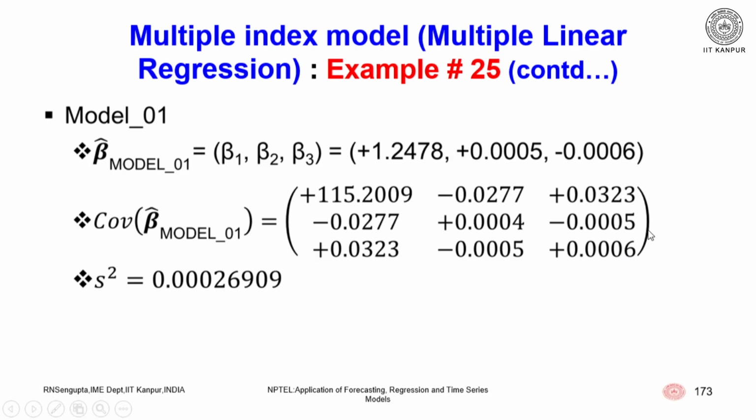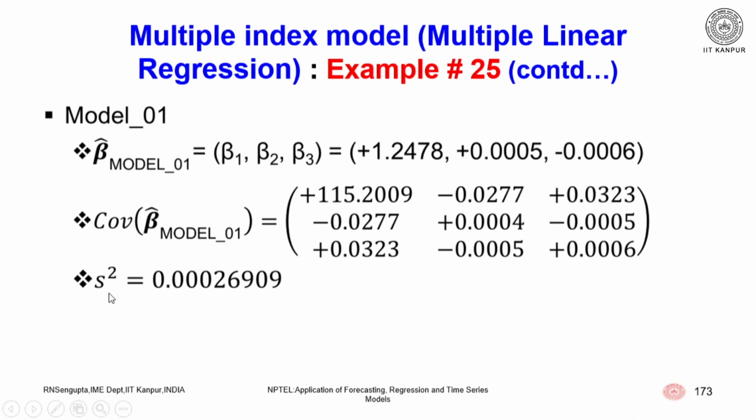A value of minus 0.0277, immediately the minus sign gives me the idea that the correlation existing between beta 1 and beta 2 is negative. Similarly, the correlation between beta 1 and beta 3 and between beta 2 and beta 3 can be said to be positive and negative respectively.